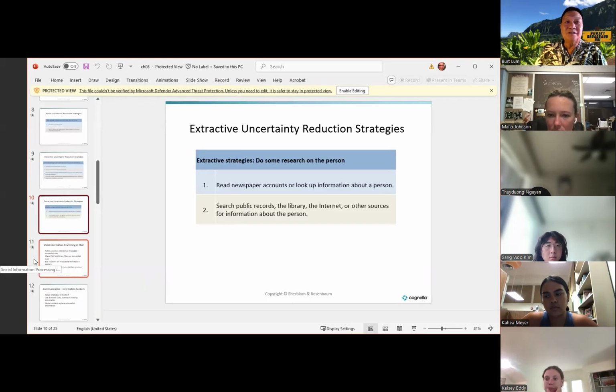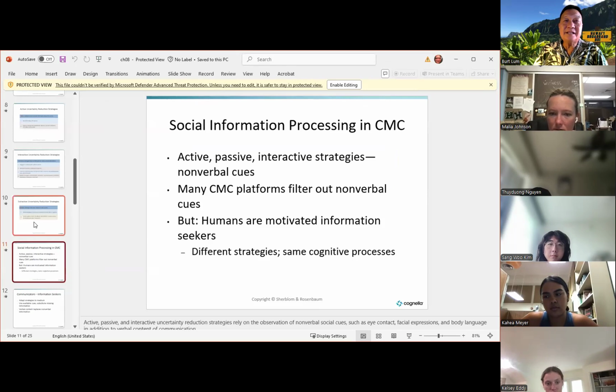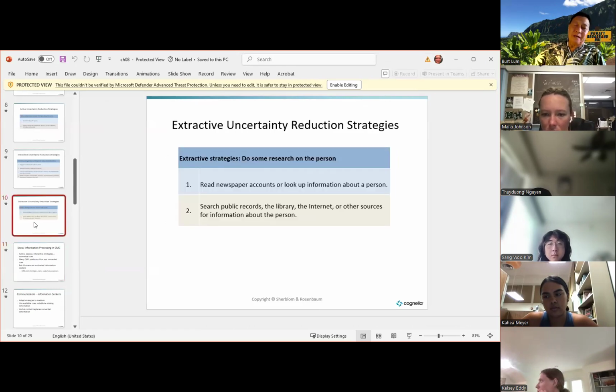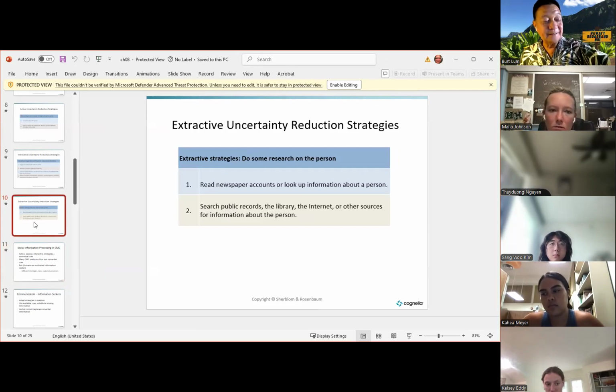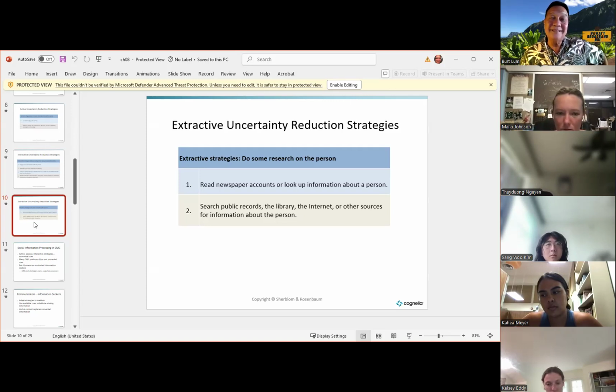So this is called the extractive uncertainty reduction strategy. Now, let me just say that if you're fostering a relationship and you're at the early stages of that relationship, and you want to learn more about the person, it's probably not something you would immediately disclose, that you are doing a Google search on that person, because that might automatically shut a door, right?